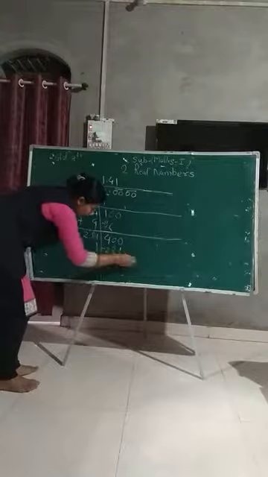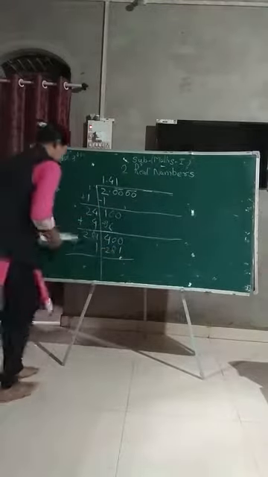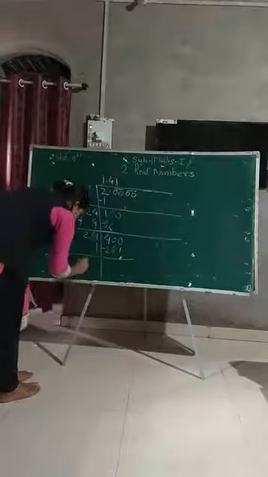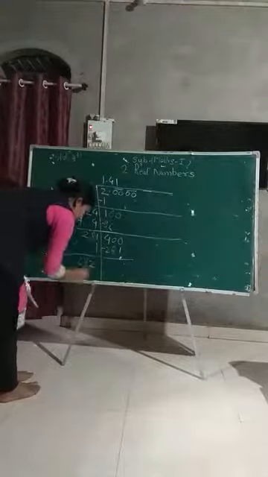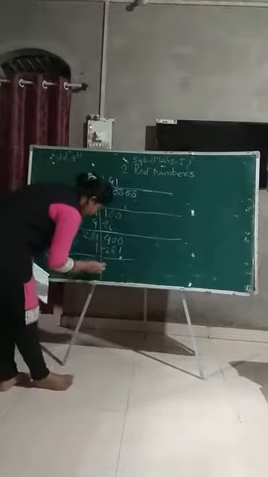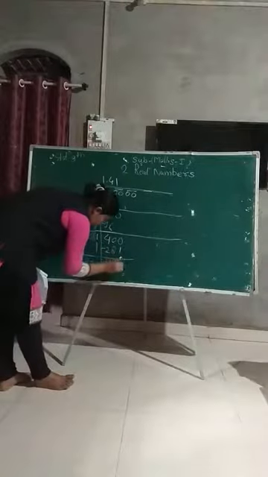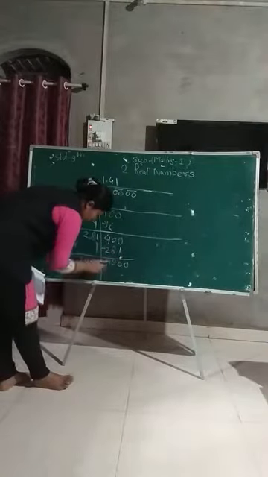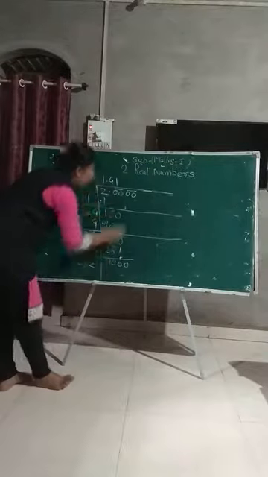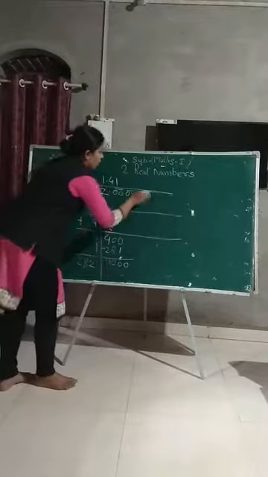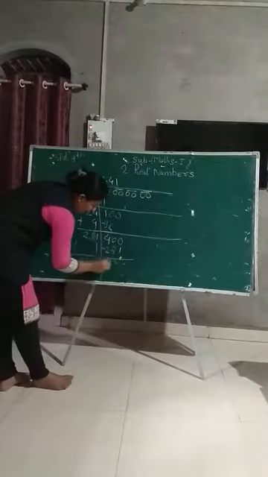So here we subtract and here we add. So 281 plus 1 is 282. Here 119, 0, 0. The subtraction gives 119 and taking again 20, here also taking subtraction is 119.